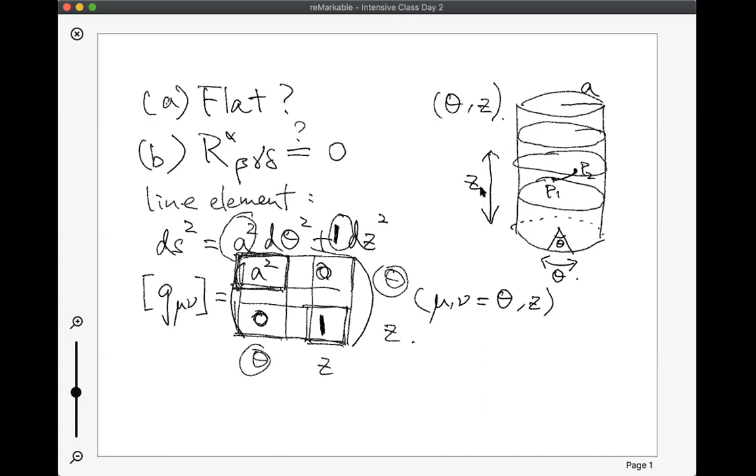We think that it looks curved because we are looking at it from a three-dimensional space. So we are seeing this cylinder, this two-dimensional space, embedded in a three-dimensional space. It looks curved to us, but such curvature is not called the intrinsic curvature. We rather call this extrinsic curvature.